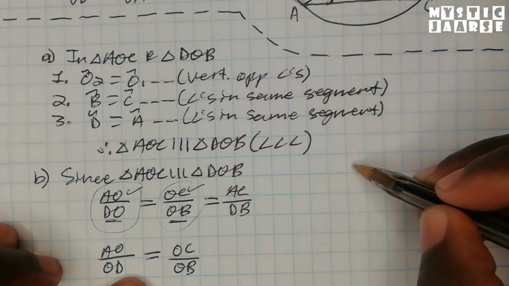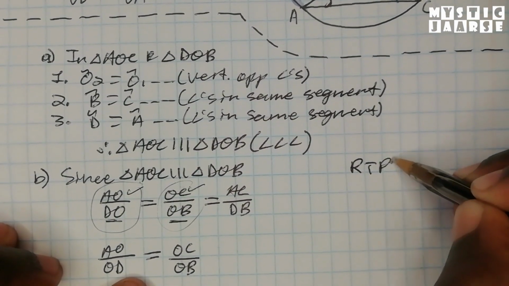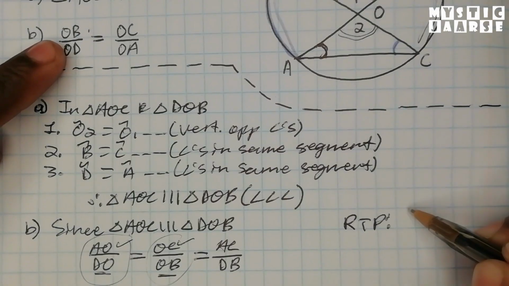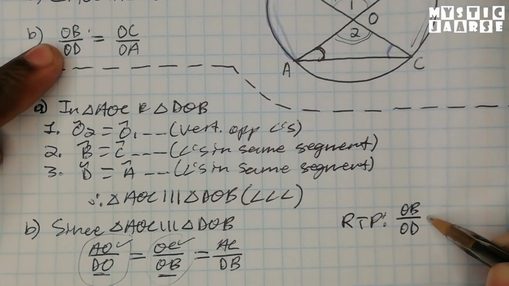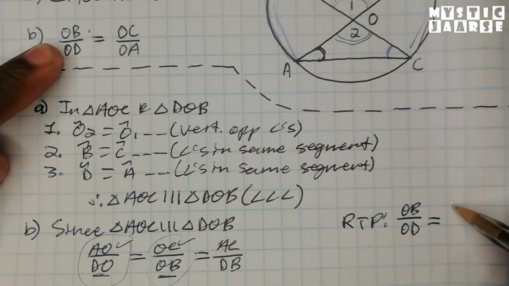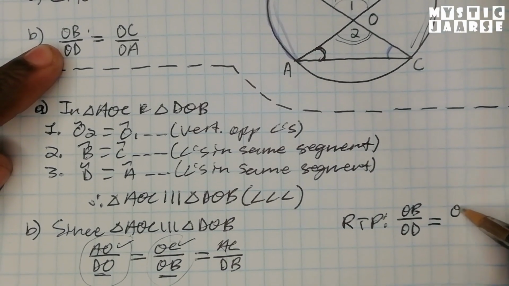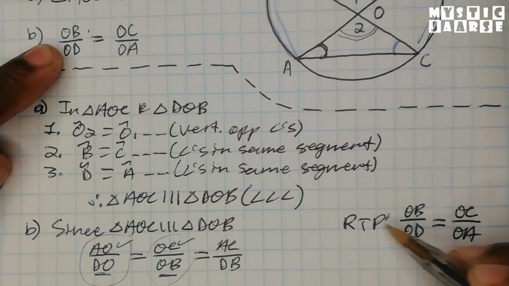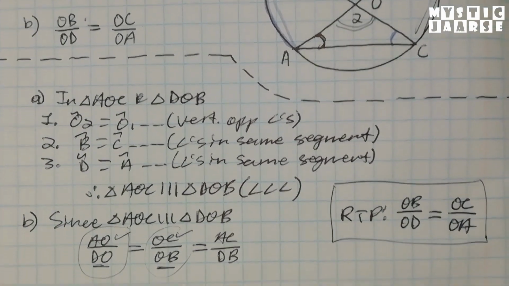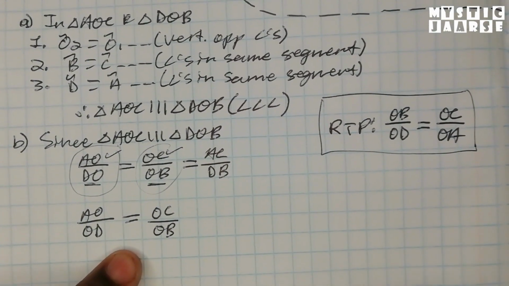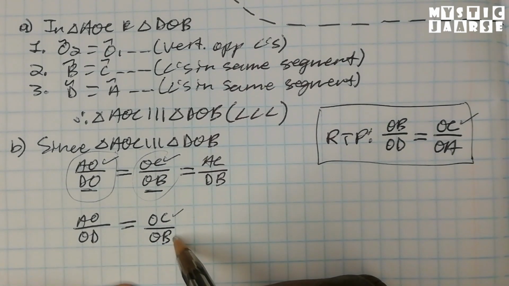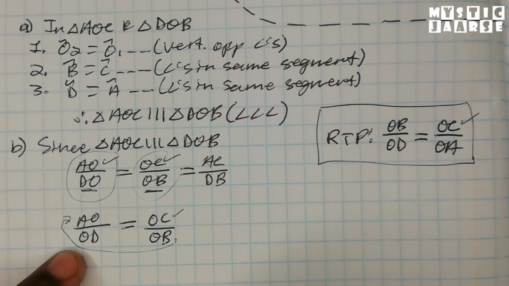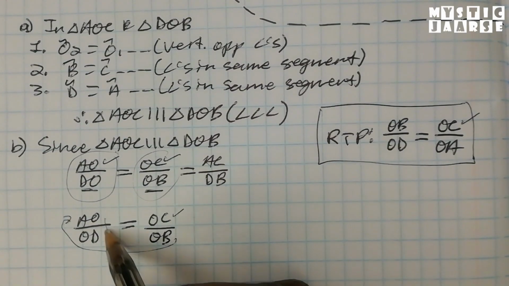Now we are required to prove that side OB, when you divide it by OD, you get a ratio that is equal to the one that you would get when you divide OC by OA. This is what we are required to prove, and this is what we have. The problem is we need to make OB the numerator on this side, and OD and AO should be the numerator of this side.